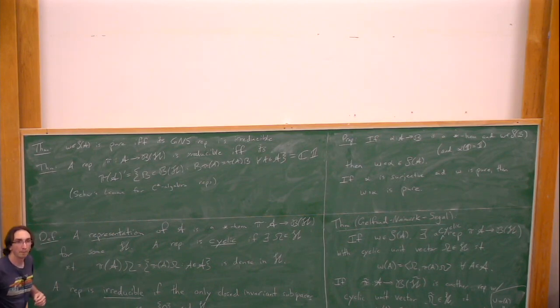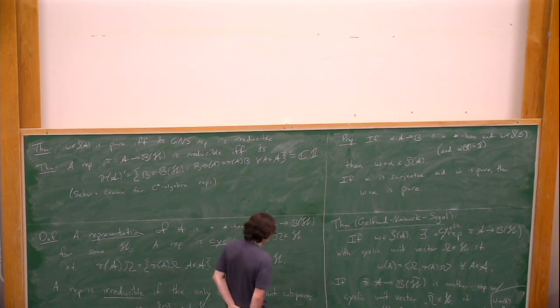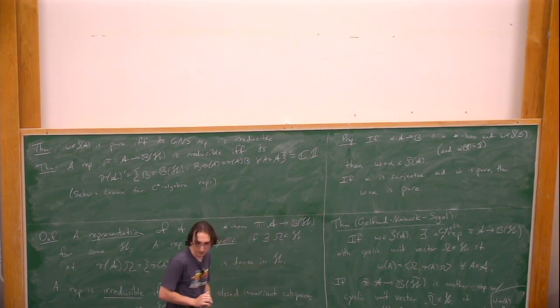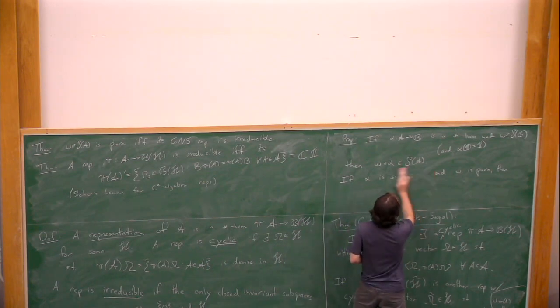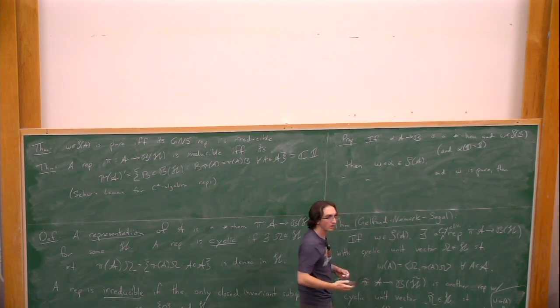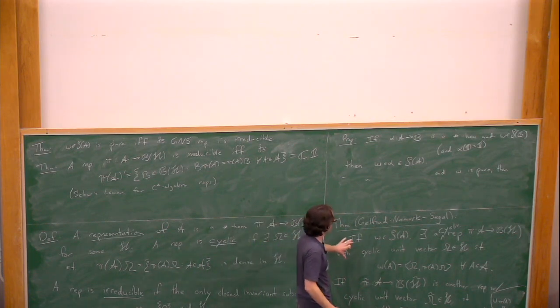Yeah. Given a pure state, how do you generate this? It's a constructive thing. That's a good question. So maybe I'll try and detail that quickly. The question was, is this constructive?